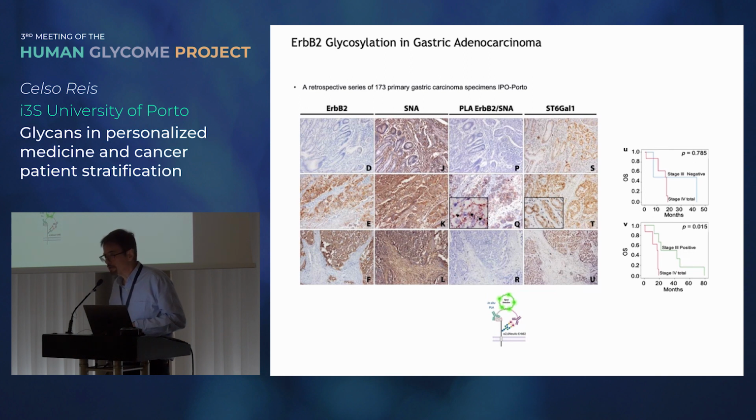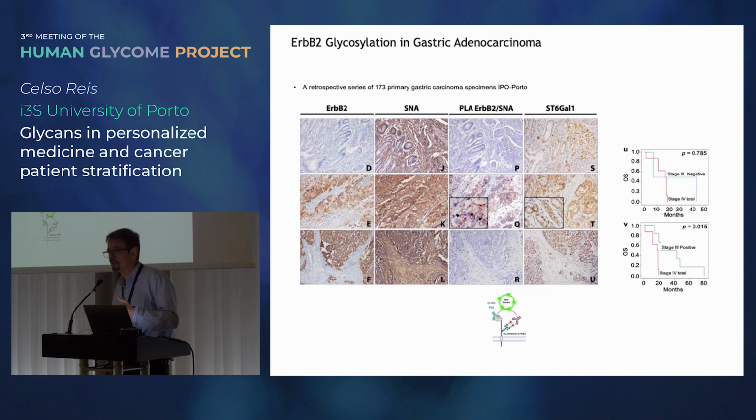And actually, the interest got even further when we analyzed the cancer tissue of the patients and saw that some tumors within the same stage of the disease express particular glycosylation features. And actually, having this expression or not having this expression showed a different biological behavior.